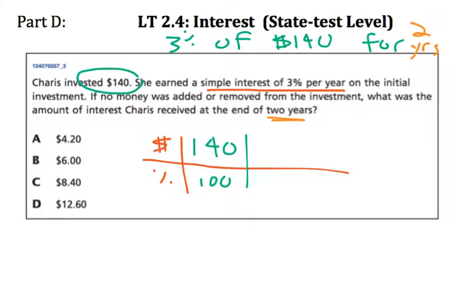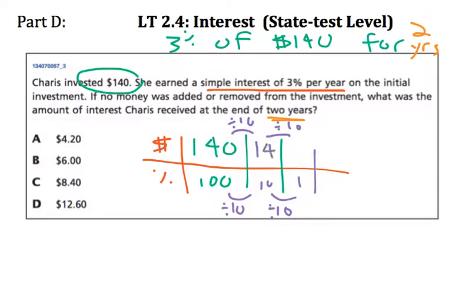So 100% would be $140. Since I need to get to 3%, I'm going to scale down to 10% and 1% by dividing by 10, and doing the same on top. 140 divided by 10 is just 14. And then 14 divided by 10 is going to be 1.4, which is the same as $1.40.